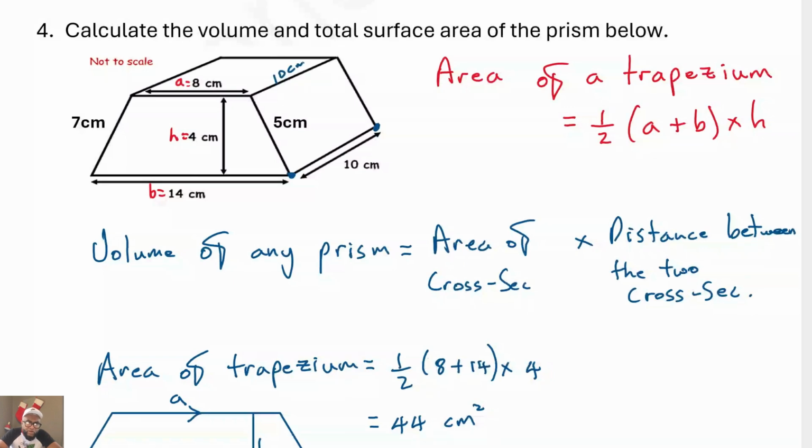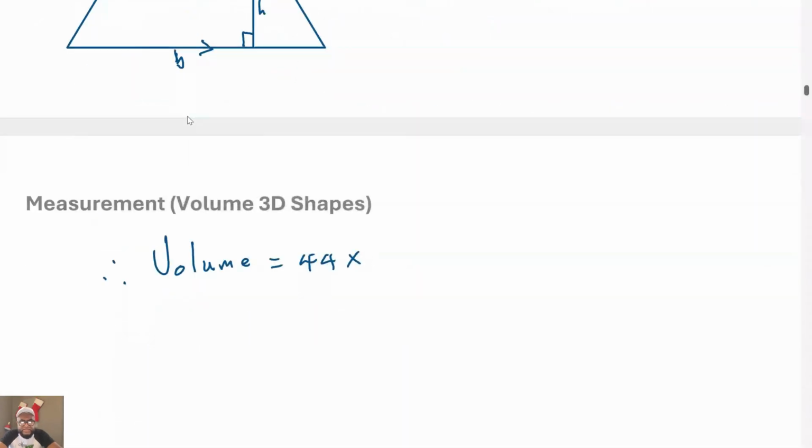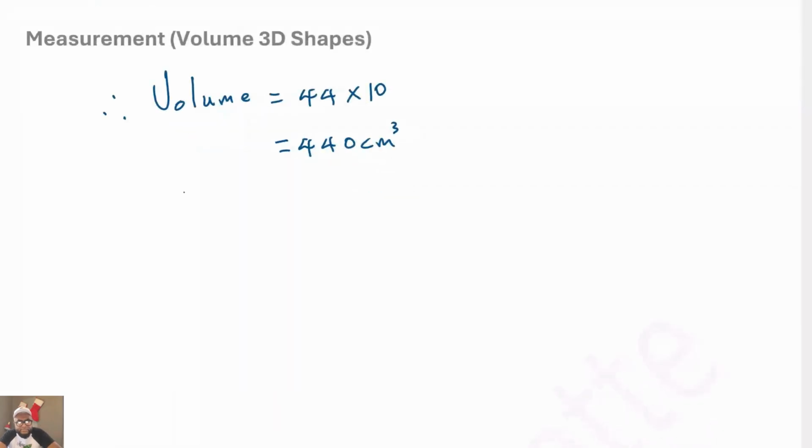All around here is 10 centimeters. All these sides are 10 centimeters. The height in the back there is 10 centimeters also. So this volume here will be 440 centimeters cubed. Right? That's my volume.